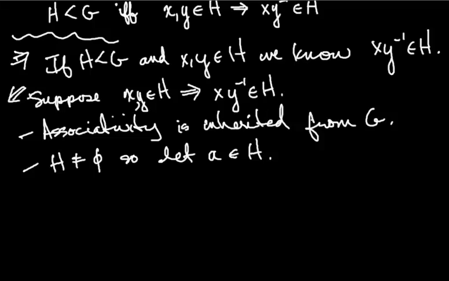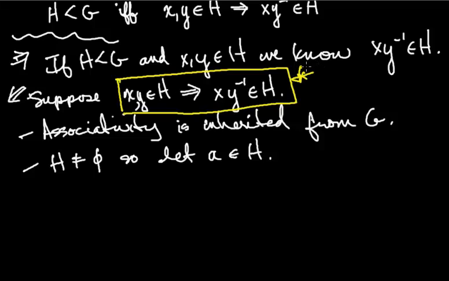This right here, let me put a box around it in yellow. Anytime we can pick two elements in H, we know that one of them times the inverse of the other is in H. Let's call this star, and when I use it, I'll say by star. Each time, go back and see exactly how I have used star in order to get all these different parts of the proof.